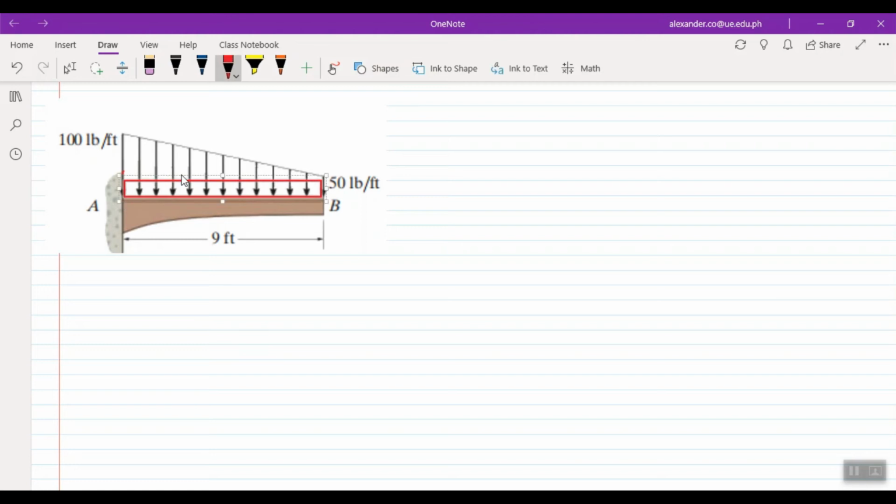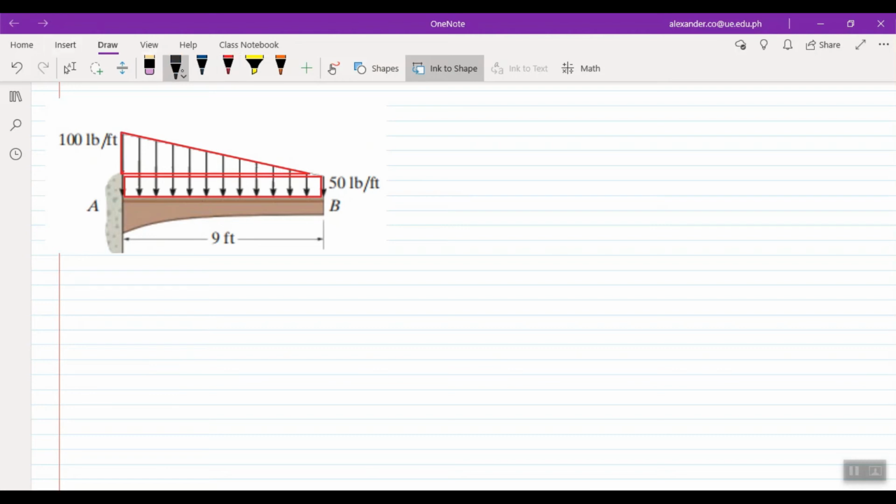Yan. Okay? Tansyahin lang natin. Yan. At yung isang triangle sa taas. Di ko na draw yung triangle sa taas. Okay? Try natin. Yun. Okay. So, unahin muna natin yung triangle.